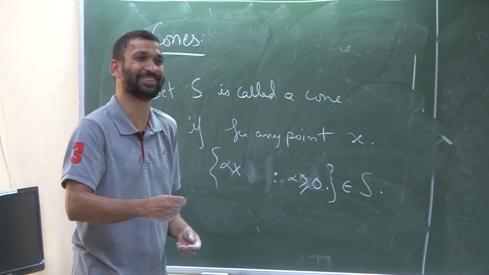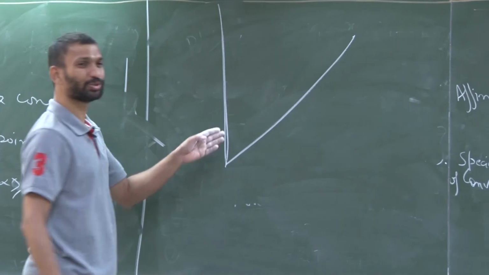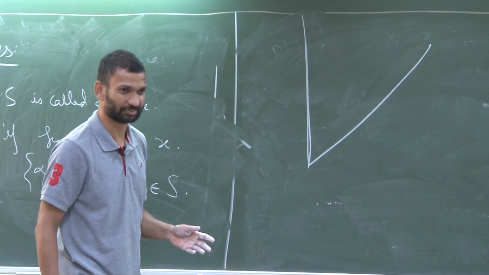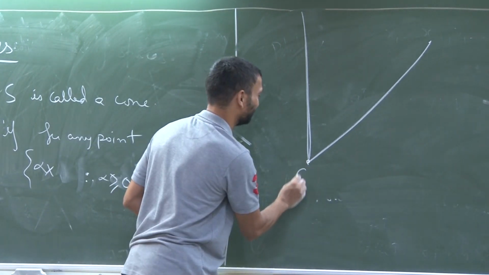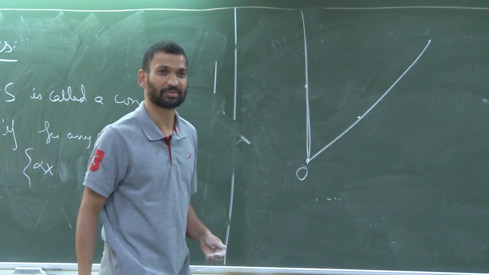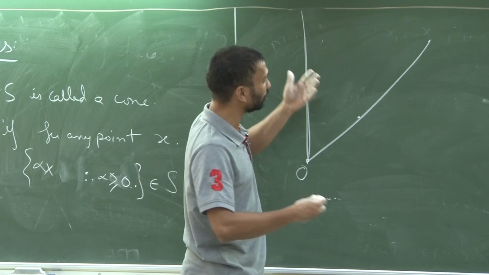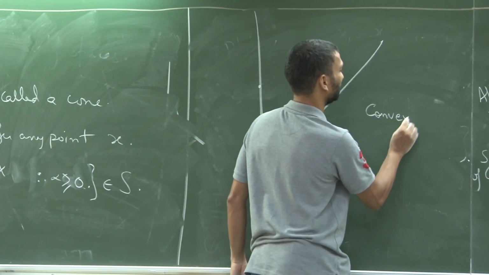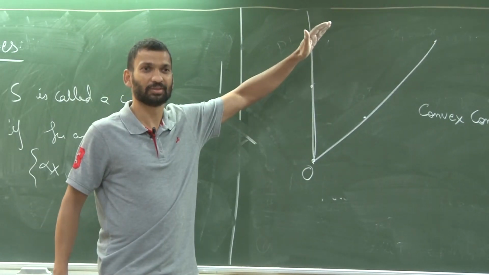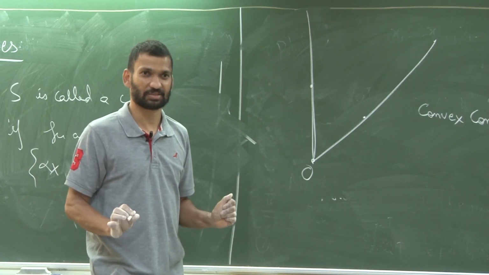That's because you don't use pen and paper. Just these two lines. Is that a cone or not? Yeah, this is the origin, yes. But it definitely doesn't contain the conic combination of these two points. Right? So, there are reasons why we study cones, and then we study convex cones, which are going to be more like containing all the possible convex combinations also, but that's for the next class. Okay?